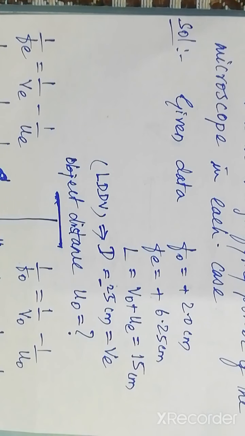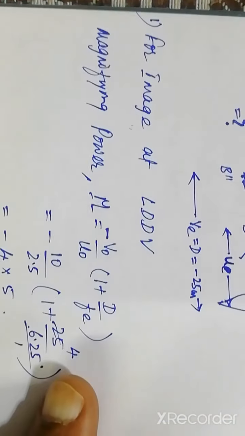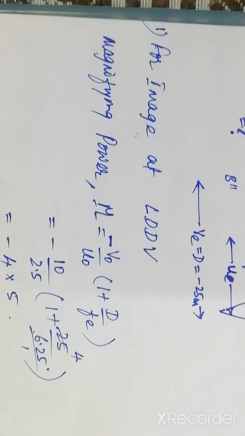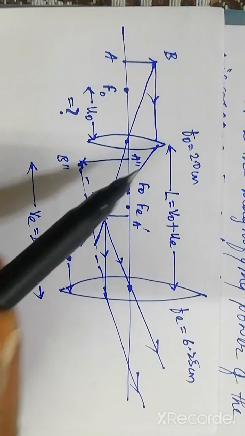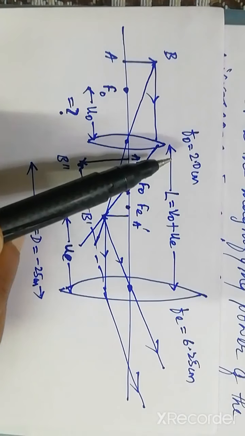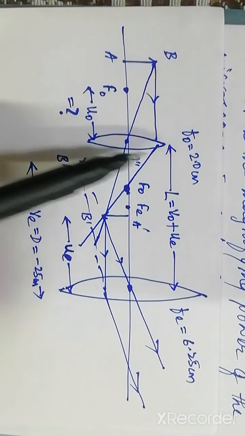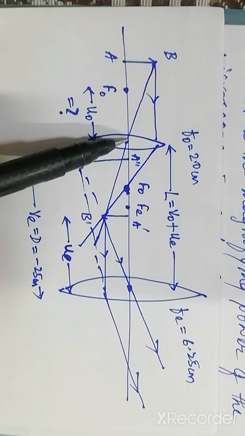So you can visualize this particular sum with a ray diagram. Here objective lens of focal length 2 centimeter. Focal length is 2 centimeter.